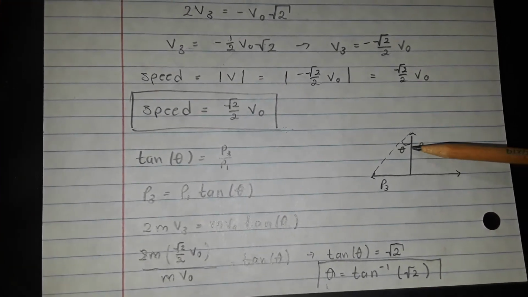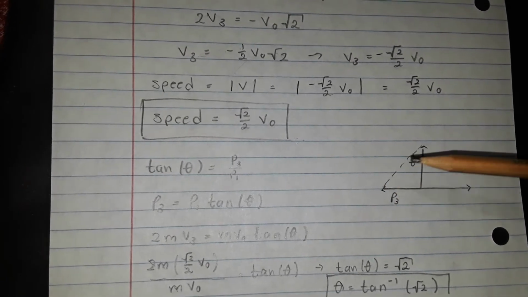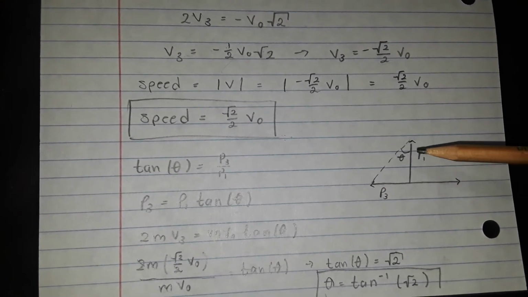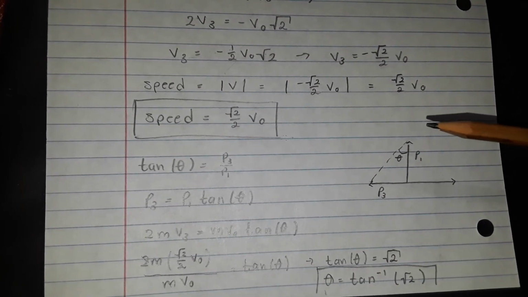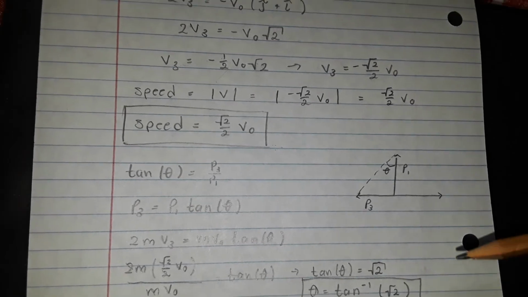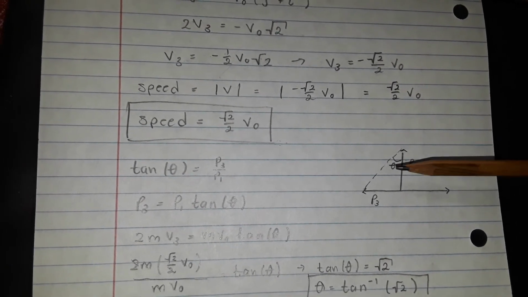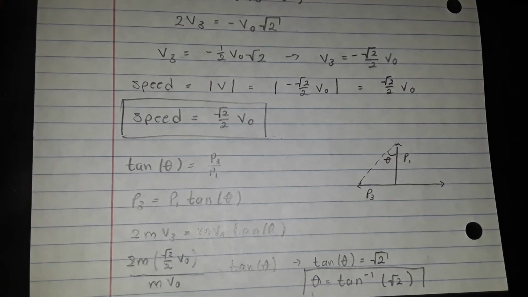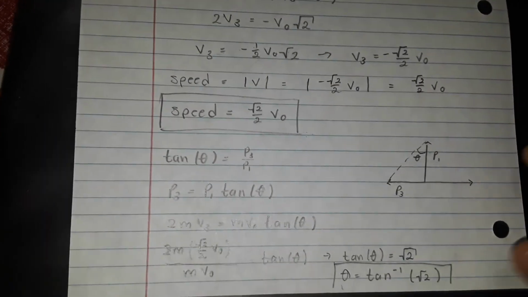We can draw a triangle, and the adjacent and opposite sides are going to be the momentum of the piece that flew in the north direction, and the momentum of the piece that flew in this case in the west direction.